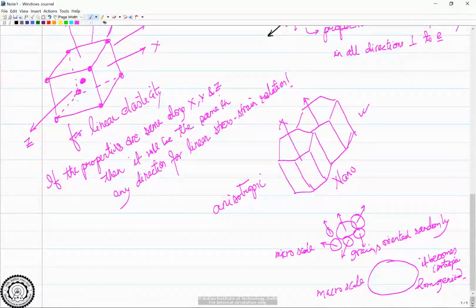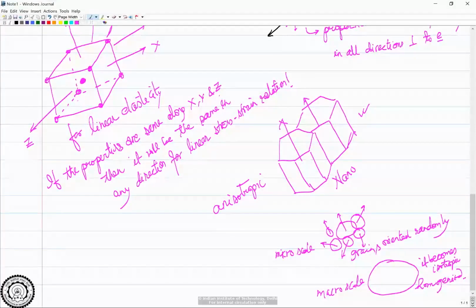Okay, sir. If at nano scale a material is anisotropic, at micro scale, because of its randomness between the grain and grain structure, we can say that it is a homogeneous material and it can be isotropic, right? Yes, yes. Okay, sir. Actually, I was thinking this when I was reading a paper related to brain tissue. So they tested in three directions. They were telling that although microstructurally there is a lot of difference in three directions, they were getting almost the same properties.